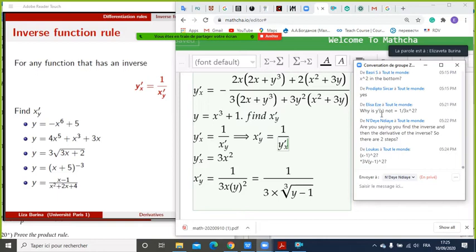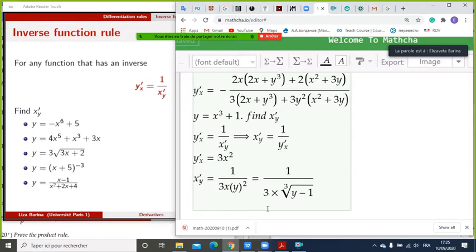Why y prime x not 1 over 3 x squared? I don't understand why y prime x would be 1 over 3 x squared. Ah, you mean here? Whoa. Yes.